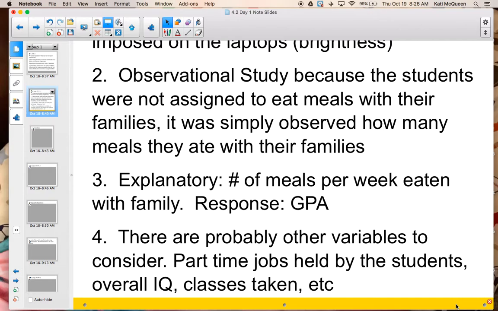If they're working at night, they're not going to be able to have dinner with their parents all the time. Overall IQ is going to depend on what your GPA is, the classes you take, all sorts of things. So there are probably a lot of other things we need to consider here. Now that doesn't mean we can't explore the relationship, but it just means it's not the end-all be-all. We still have things we need to consider.